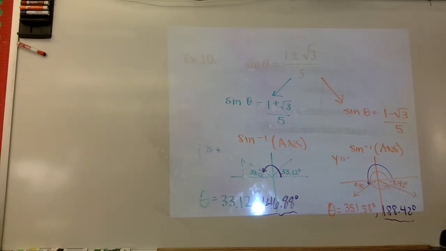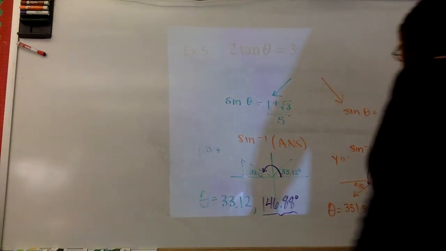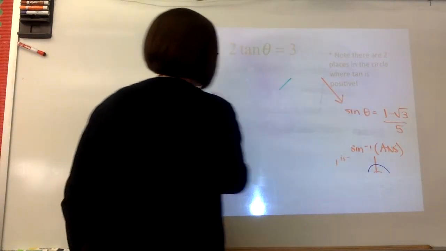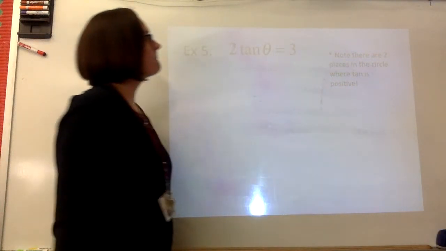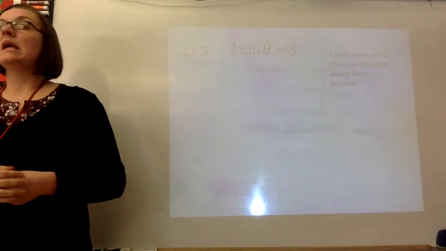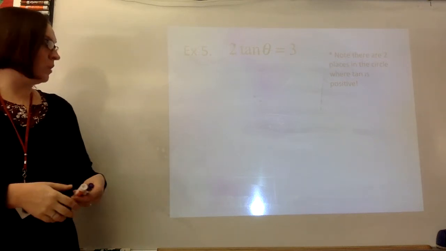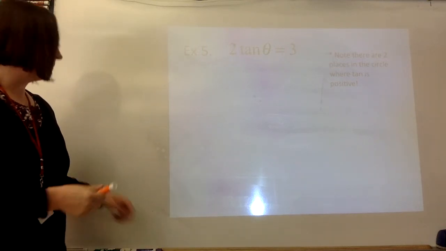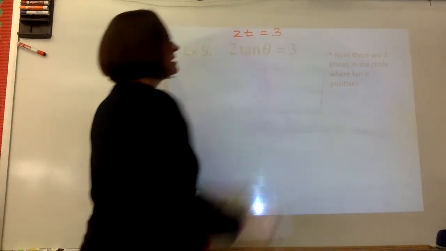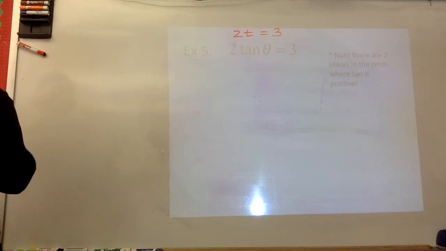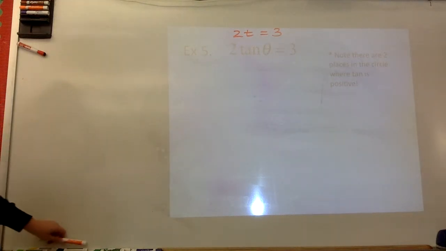All right, let's go back to example 5. Do you think this is linear or quadratic? 2t equals 3. That's what I see when I look at that without all the trig stuff there. Is that linear or quadratic?